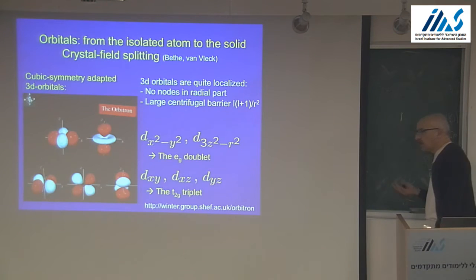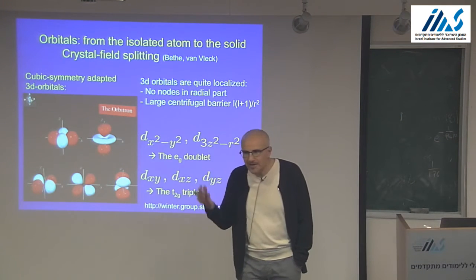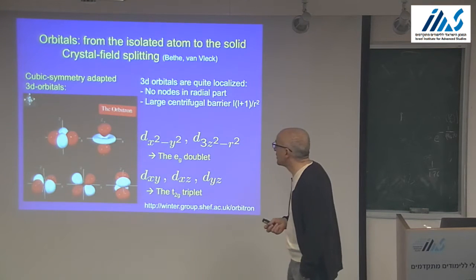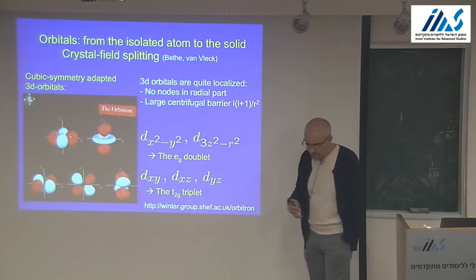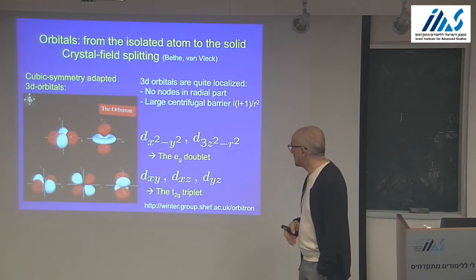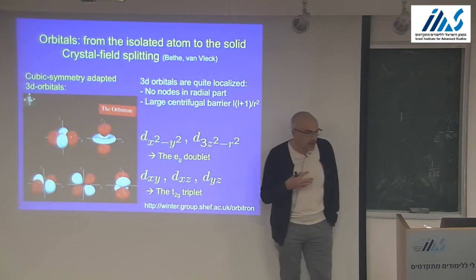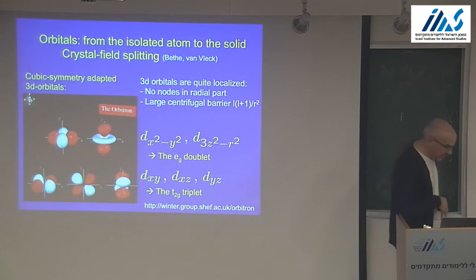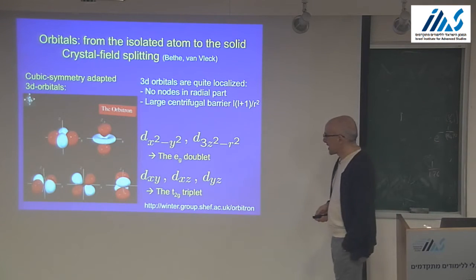So you all know about orbitals, of course, in the usual context of the hydrogen atom, right? If we look at the L=2 shell, we have 5 d states, right? And here I formed specific linear combinations of the spherical harmonics that are adapted to cubic symmetry, and you'll see why in a minute.